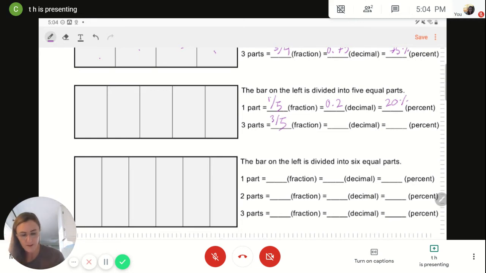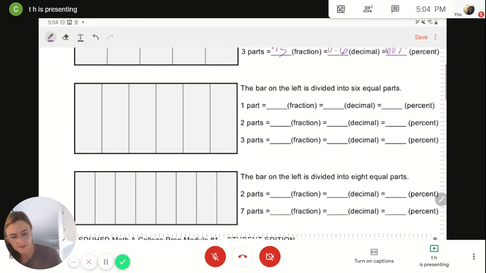And now I know that 3 of 5 is 0.6 or 60%, which makes sense because if I have 1 part and that's 20%, 3 parts is 3 times that, or 20% times 3 is now 60%.